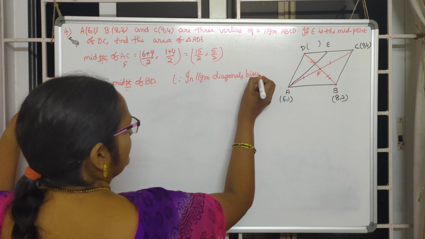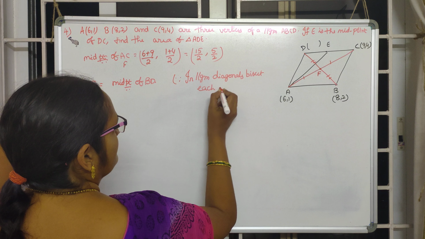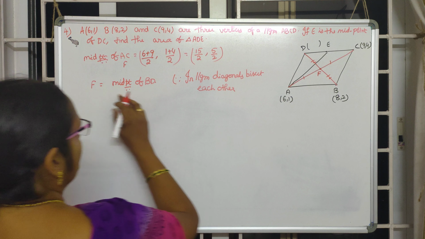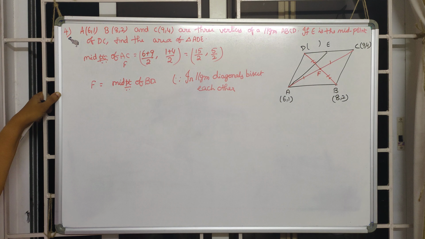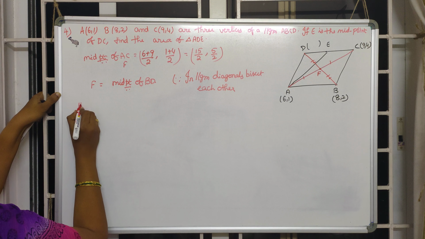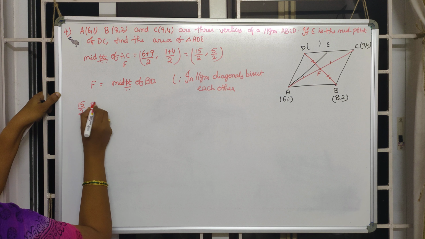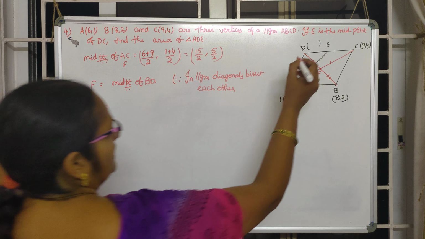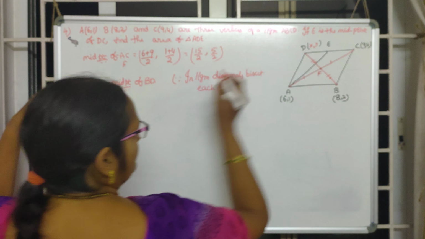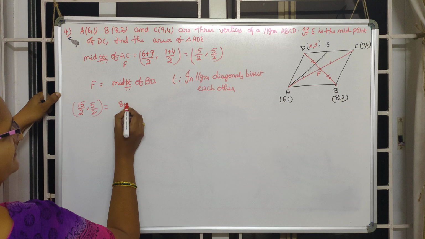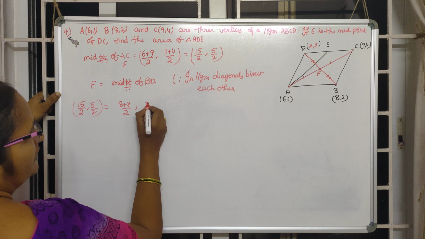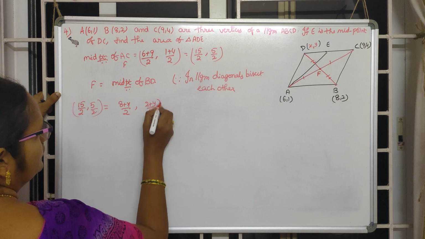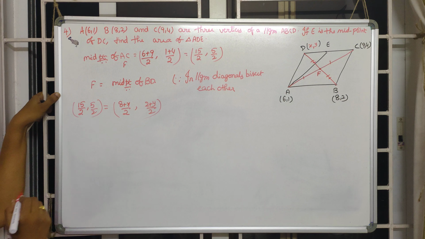So F values (15/2, 5/2) equal the midpoint of BD. Let D be (X, Y). Then ((8 plus X)/2, (2 plus Y)/2) equals (15/2, 5/2).